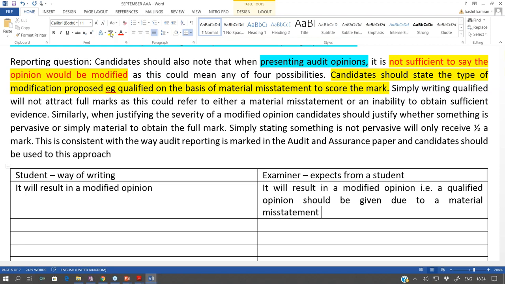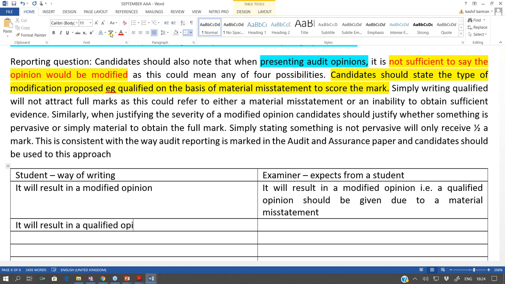Okay, number two, simply writing qualified will not attract full marks, as this could refer to either a material misstatement or an inability to obtain evidence. Suppose you go to the exam hall and you say it will result in a qualified opinion.